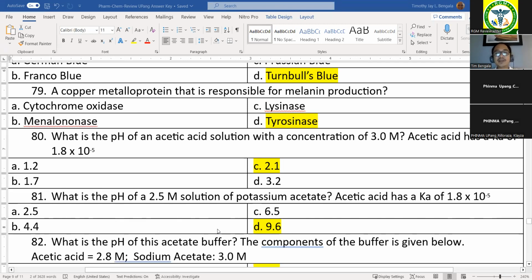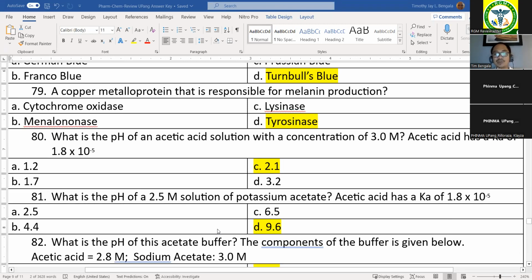Number 81, the answer is kind of obvious. Even if you didn't compute, you should be able to answer this. Potassium acetate is basic. Since it's basic, A, B, and C are not possible answers because they're all acidic. But if you still compute, how do we do it? We convert the Ka to Kb.